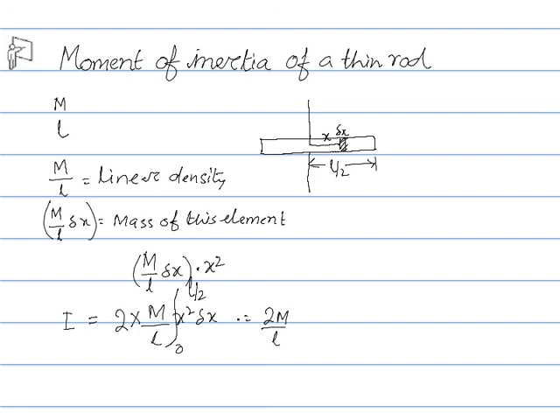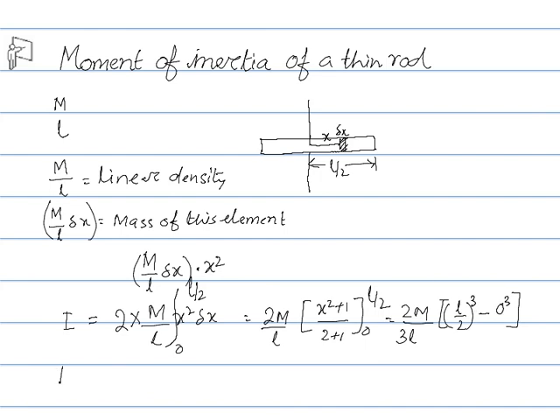So the integration of x square dx is x to the power 2 plus 1 by 2 plus 1, from 0 to L by 2, that is 2m by L. Take 3 common, x cube. Put the upper limit first, it will be L by 2 cube, minus, put the lower limit in place of x, 0 cube.